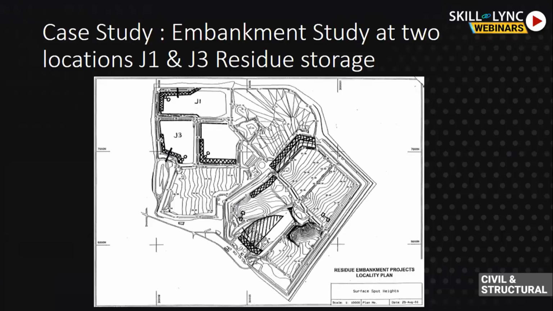In J1, the external perimeter embankment was to retain both the red mud and the liquor, to ensure the water tightness of the embankment. The J1 embankment was constructed by roller compaction of the red mud to a specified field density of 95% of standard maximum dry density, called SMDD, with no value below 92% of SMDD.